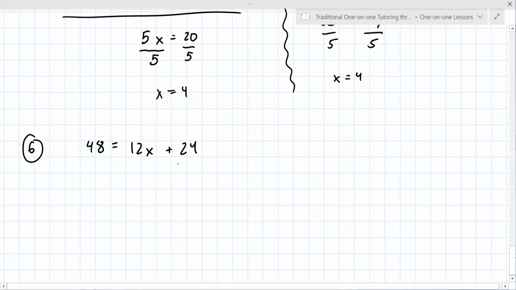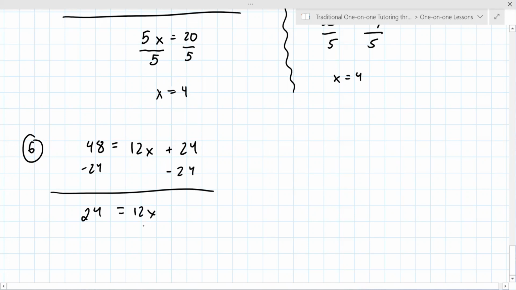Okay, that is correct. What is the first thing you did to solve it? Tell me in words if you can, please. I put the 24 on each side and minus. You subtract 24. Yeah, 24 on each side. 24 equals 12x. Now, what did you divide by on both sides?